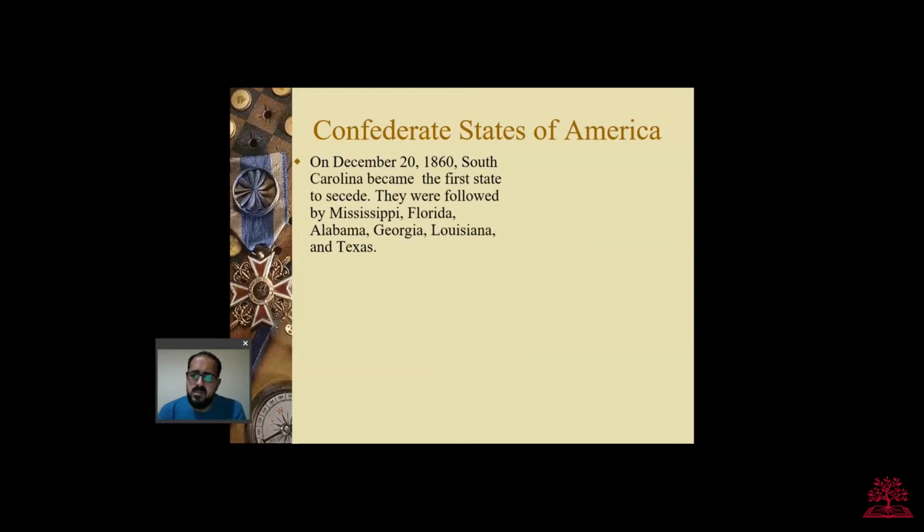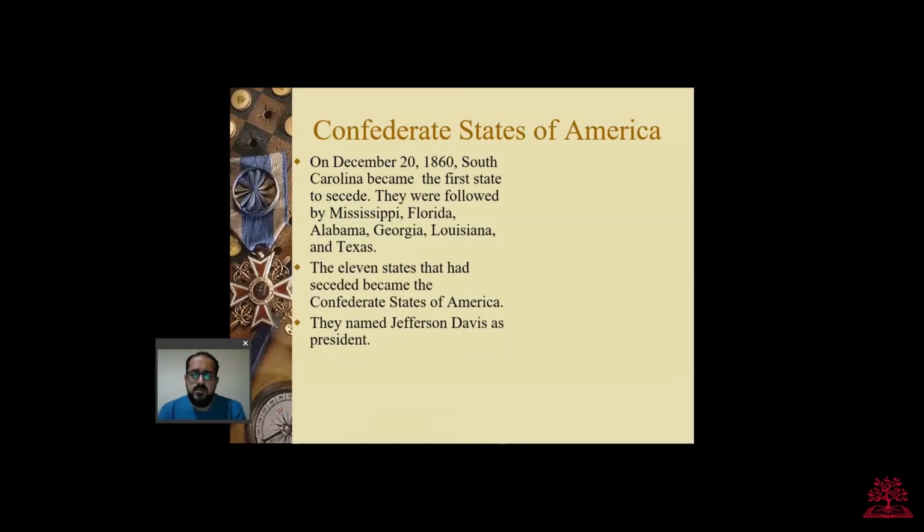They were followed by Mississippi, Florida, Alabama, Georgia, Louisiana, and Texas. All of these states seceded, and they formed a new country called the Confederate States of America. The 11 states that had seceded became the Confederate States of America.